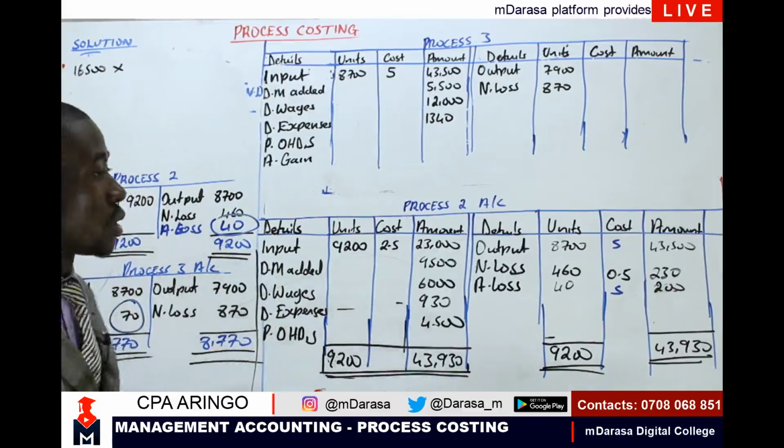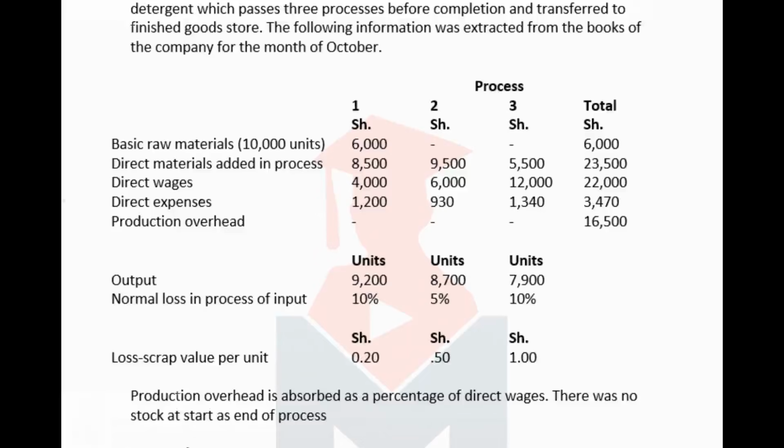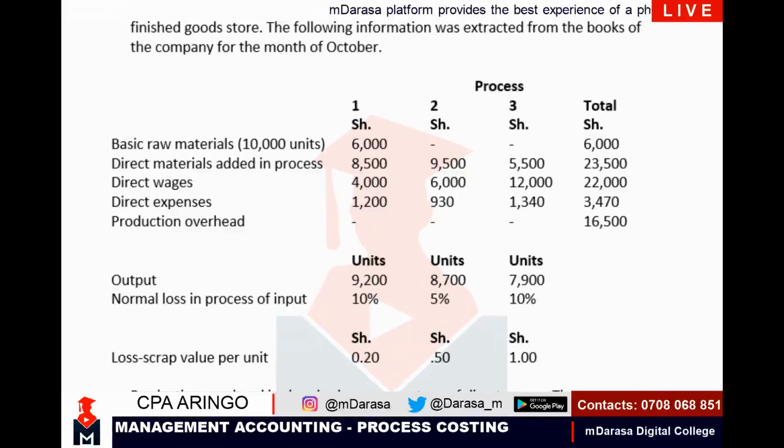What about the wages that we charge in process 3? Wages that we charge in process 3, we had 12,000.